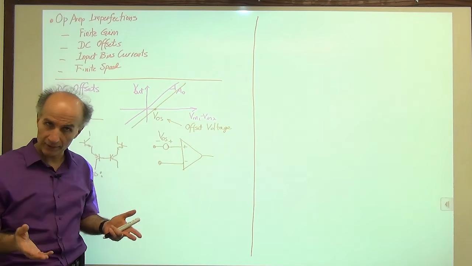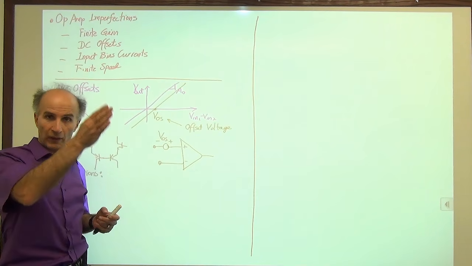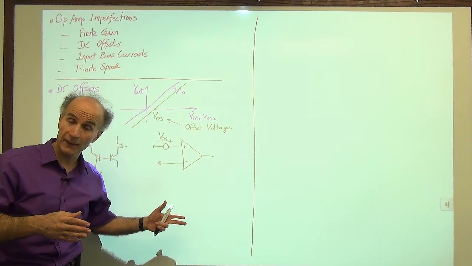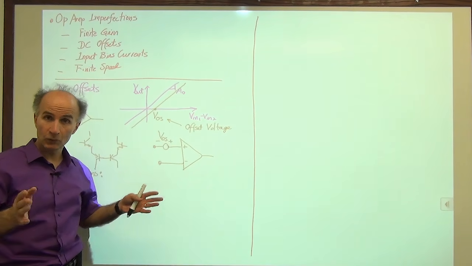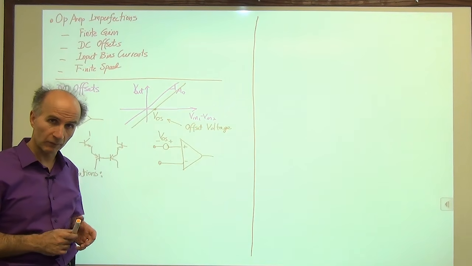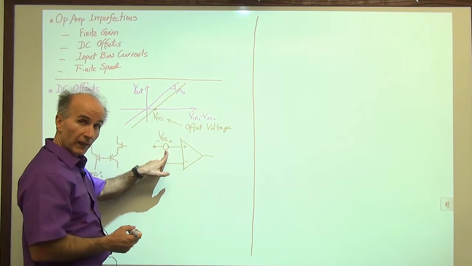So it's a Gaussian distribution. Some of them have no offset, some have 0.1 millivolt offset, some have 3 millivolts of offset, but most of them seem to have an offset less than approximately plus or minus 2 millivolts. So that's what we really mean by this.